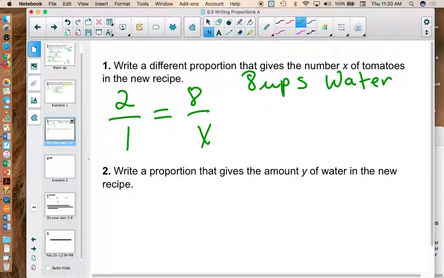Write a proportion that gives the amount Y of water. Well, we already did it. No, that doesn't have anything to do with the tomatoes, does it? Okay, so what if we say we're going to make this recipe bigger and we've got 6 cups of black beans. Write the proportion to tell me how much Y of water you would have.